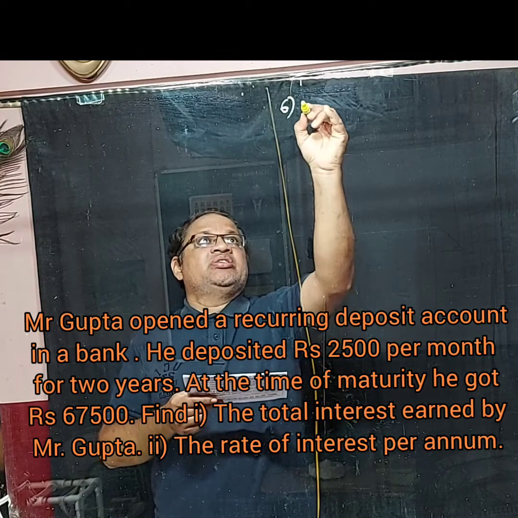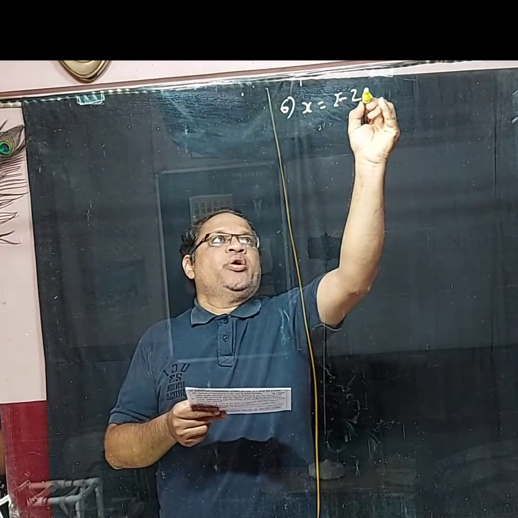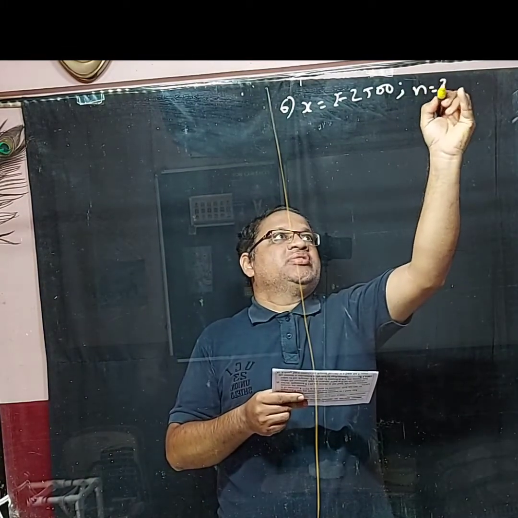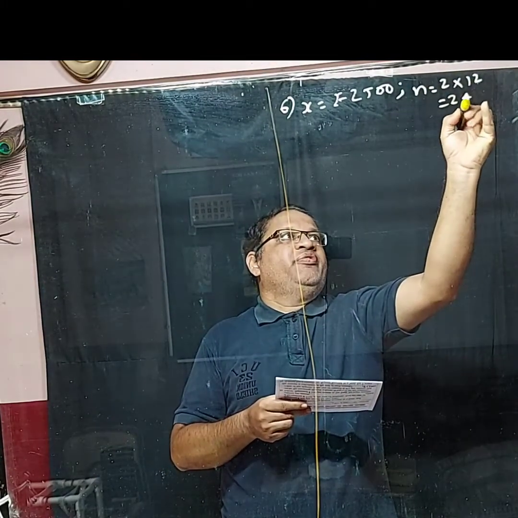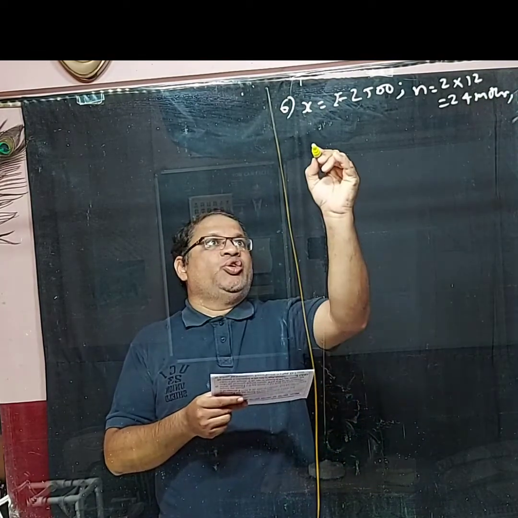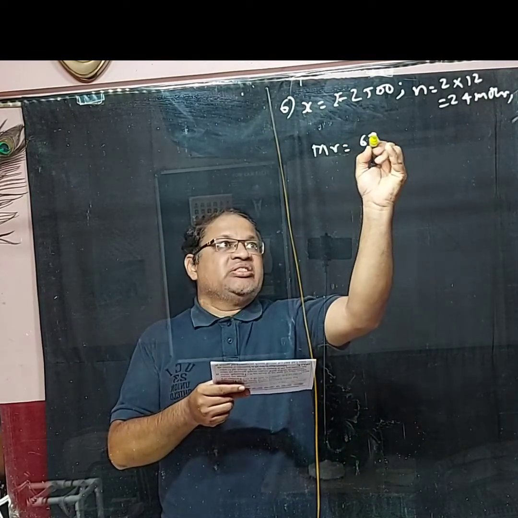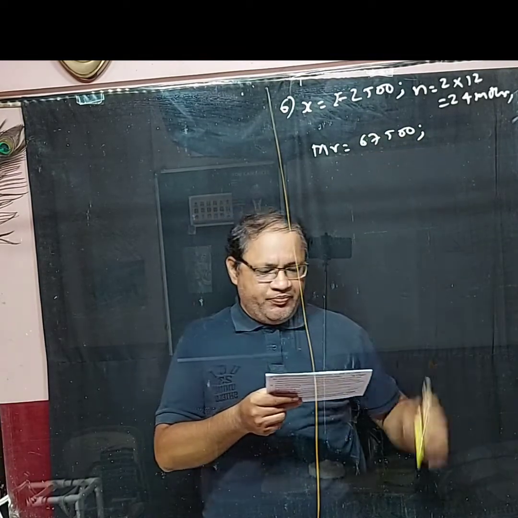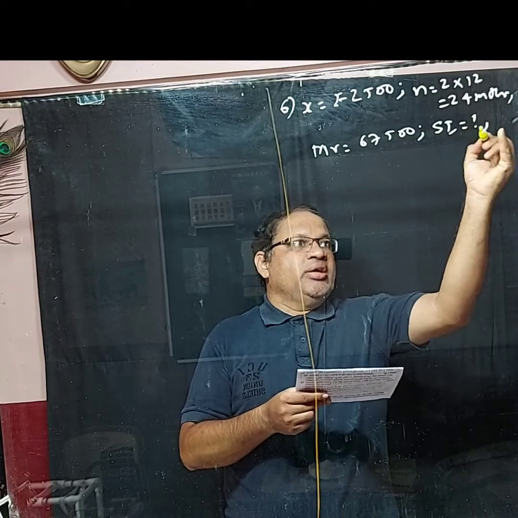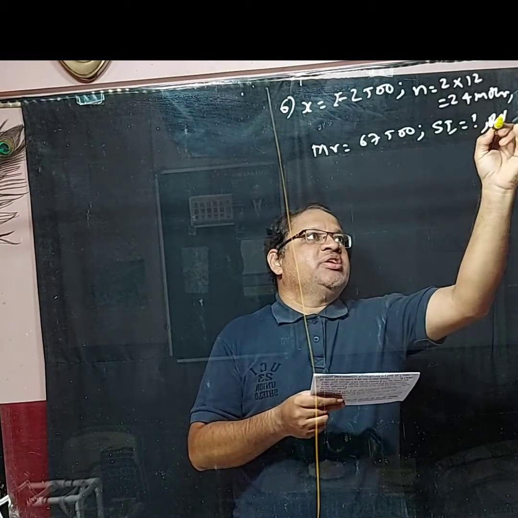So X is rupees 2500. Then N is 2 years, 2 into 12, 24 months. Then maturity value 67,500. Find the interest, that means SI they want, and also the rate % they want.